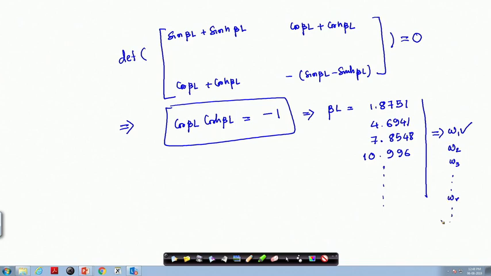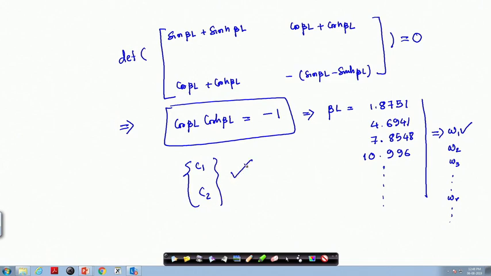These are going to give me the natural frequencies of the system, and once we find out beta L, I can find out the relative values of C 1 and C 2.